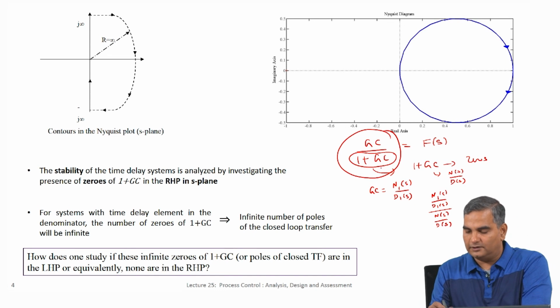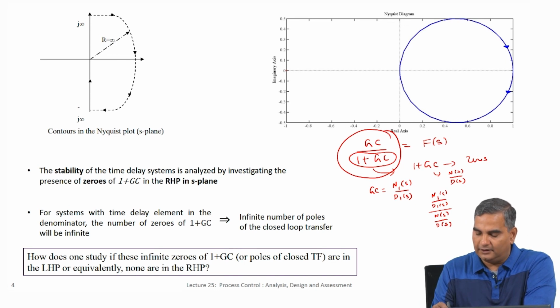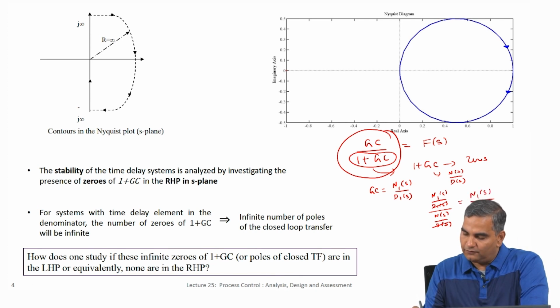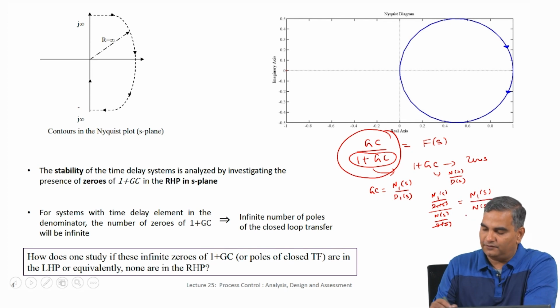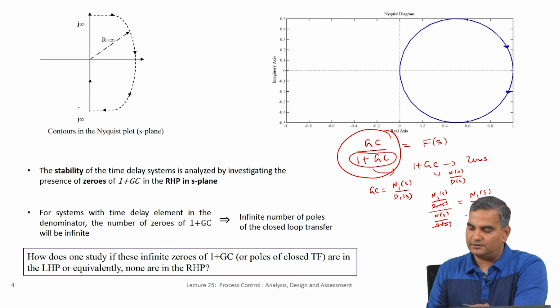But you will notice the way this is written, the denominator of 1 plus GC will be the same as the denominator of GC, so these will get cancelled. You will have the numerator of GC divided by the numerator of 1 plus GC as the final expression for GC by 1 plus GC.